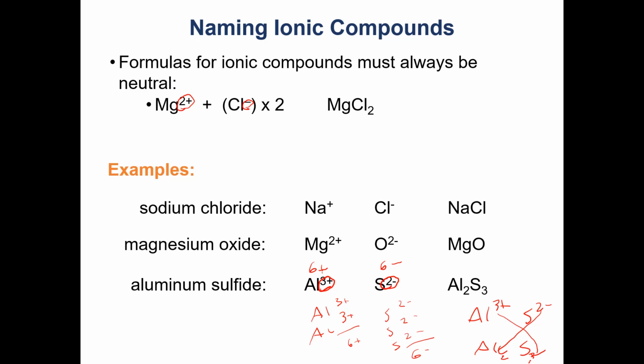Now that happens to work out if your charges are 3 positive and 2 negative. It doesn't always necessarily work out for every single combination. So typically I will go with the method of finding the smallest number that both of them will divide into.